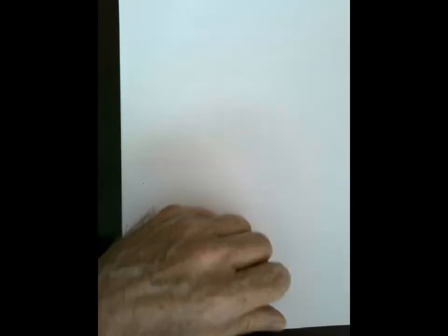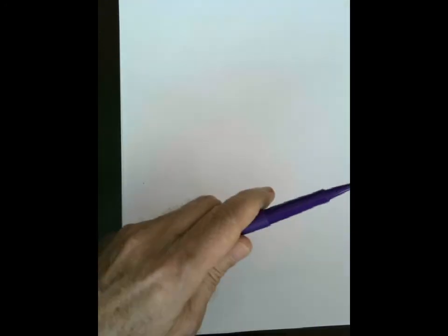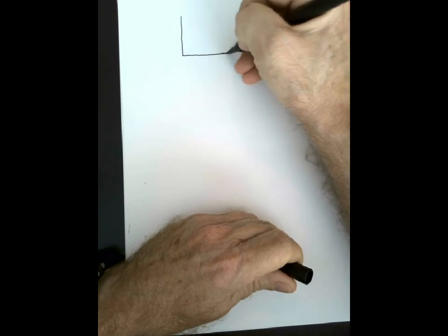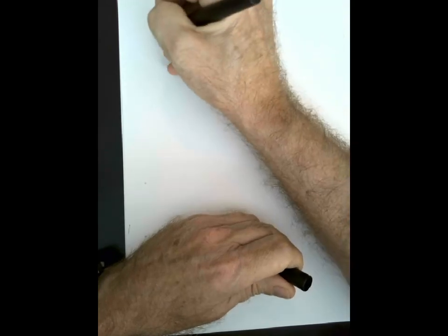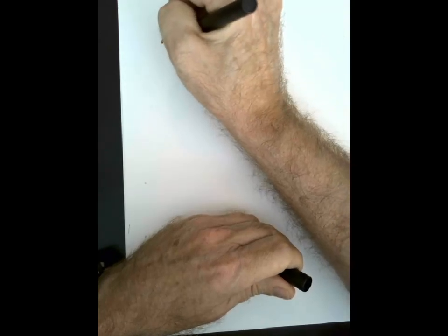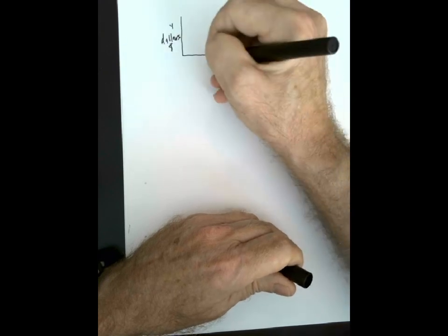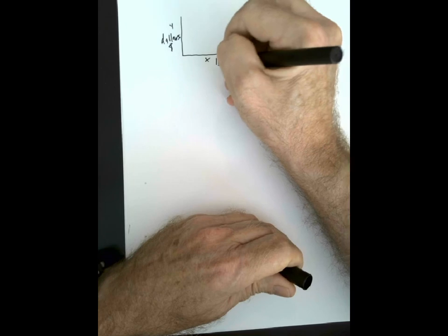Okay, so let's say that I've got this curve right here, and the units are dollars, and that's the y units, and the x units are pounds.